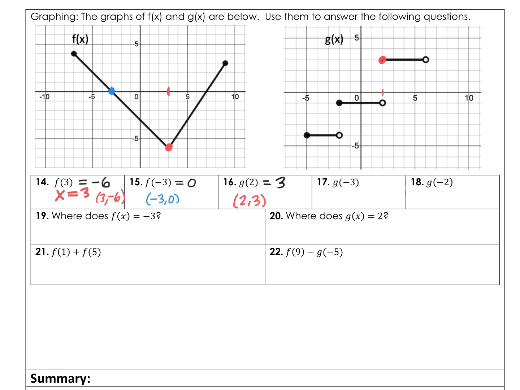All right, now about negative 3. We get, so it's a solid line, which means it's a solid point. Negative 3, negative 4. When x is negative 3, what's y? Negative 4. I think you're tracking with me.